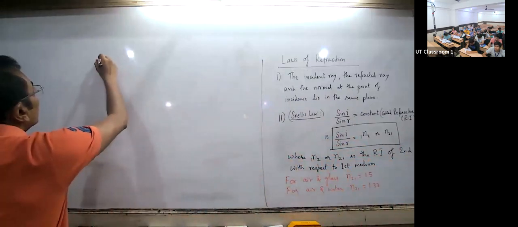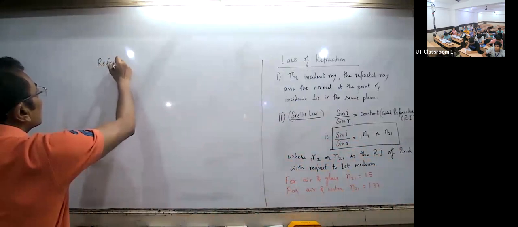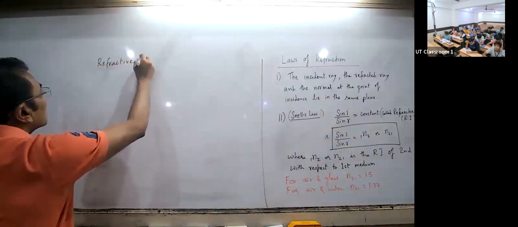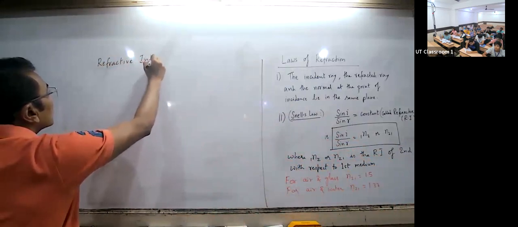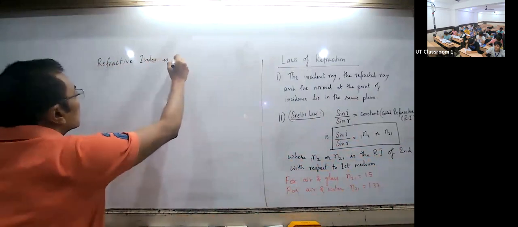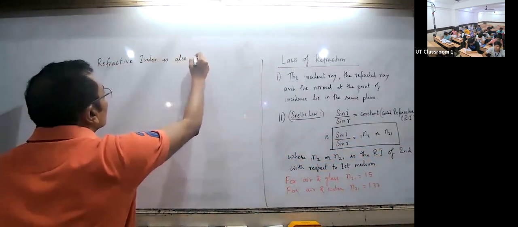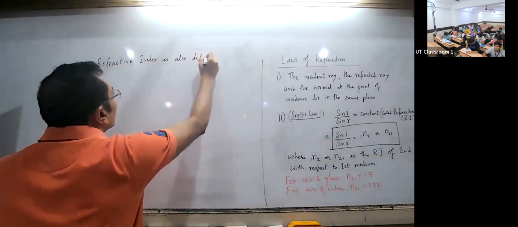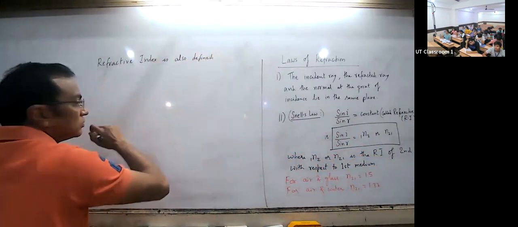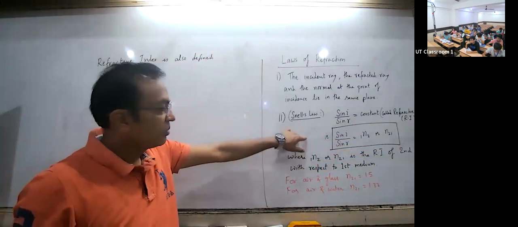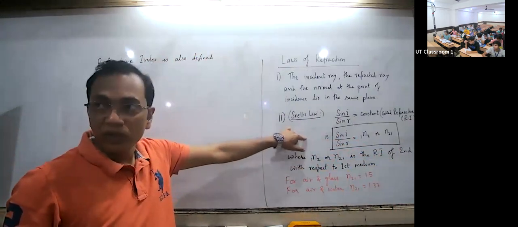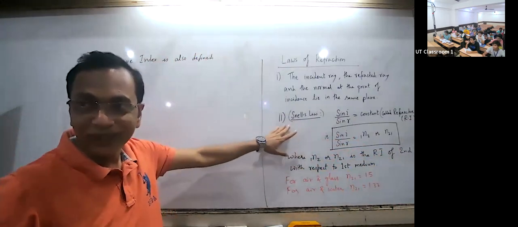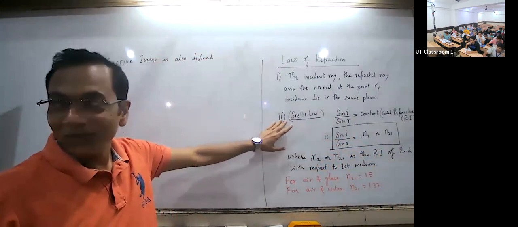So refractive index is also defined, and I have just written the mathematical equation. Can you write the English yourself? How will you write the English? That's important, right?